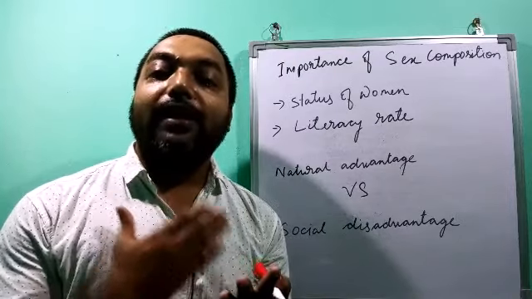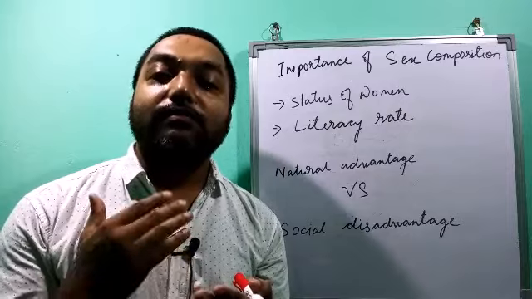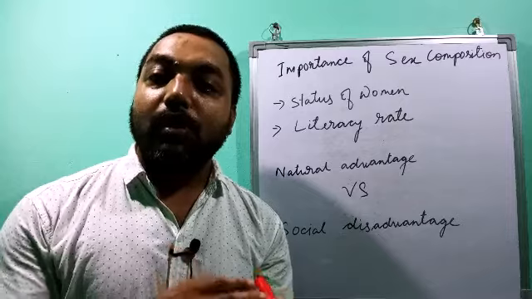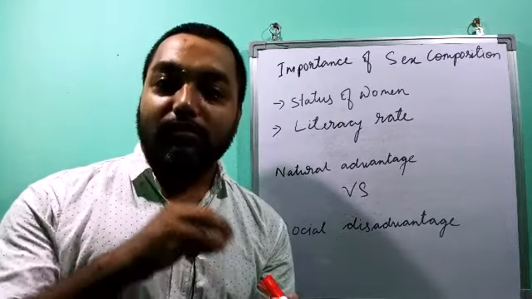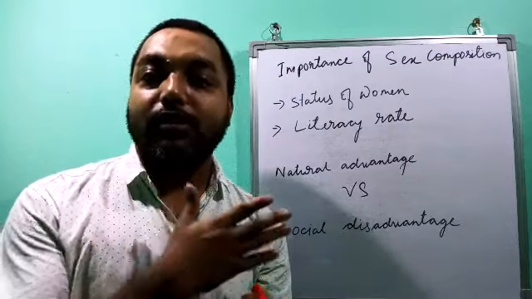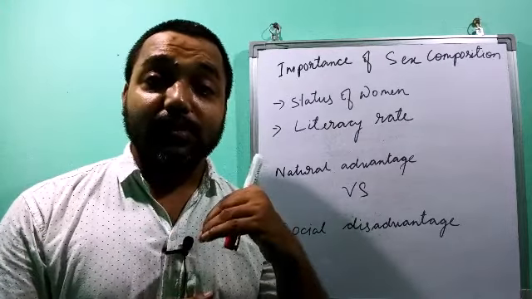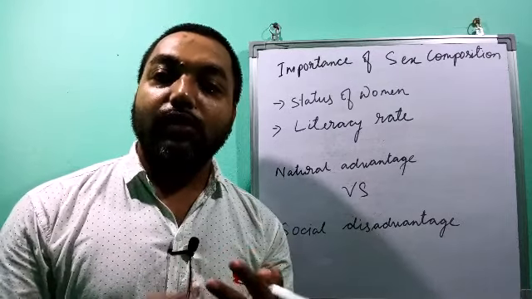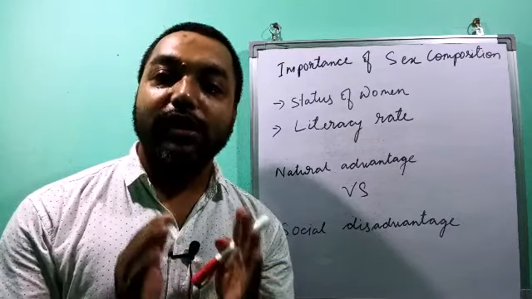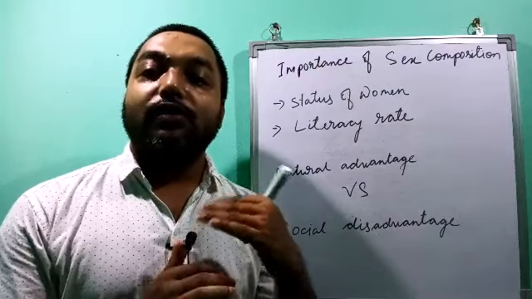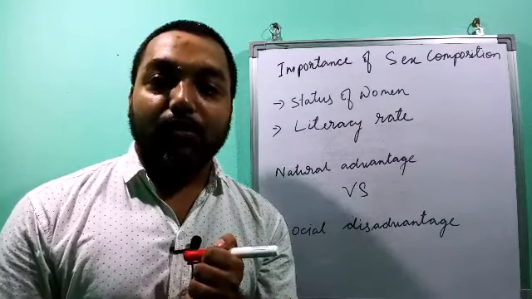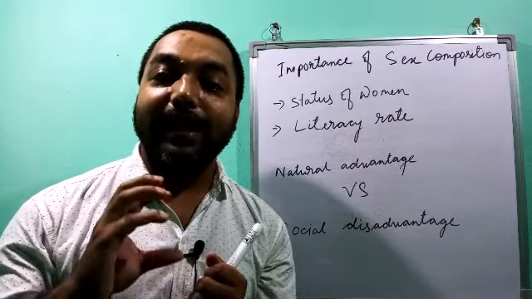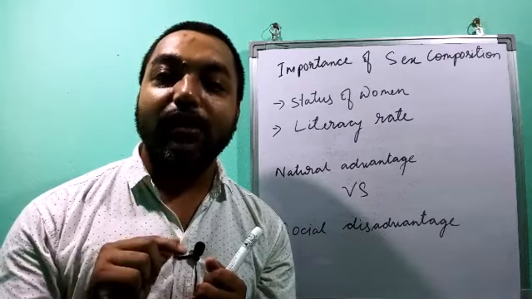For that reason, very few girl children die in the mother's womb or in the child stage, or from malnutrition or something like that, because her antibody is very strong. And when she grows, even on a very small amount of food she can grow well. That is why she doesn't die very easily. So this is the natural advantage for girls, that their antibody is very strong. As a result, they don't die.